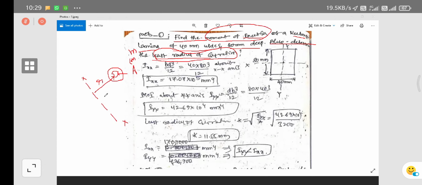That perpendicular distance, with which it is going to create it, is nothing but your radius of gyration. The radius of gyration is the distance about which the moment of inertia is going to be created.